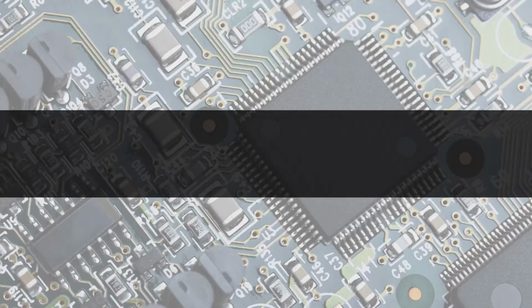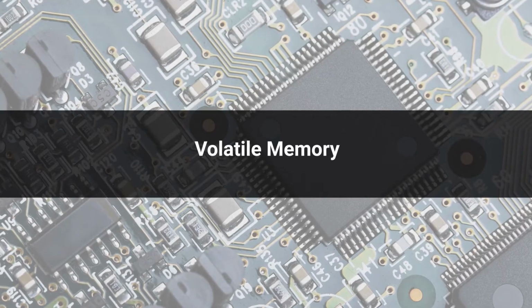They are very fast, but small in number. They are also volatile in nature, so because of their volatility, they provide information only as long as they have power supply.